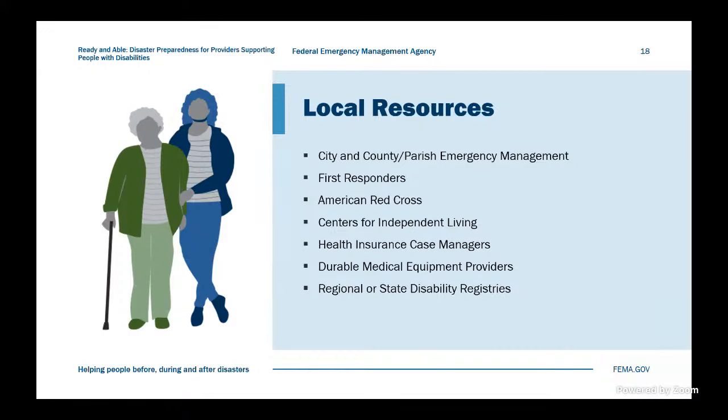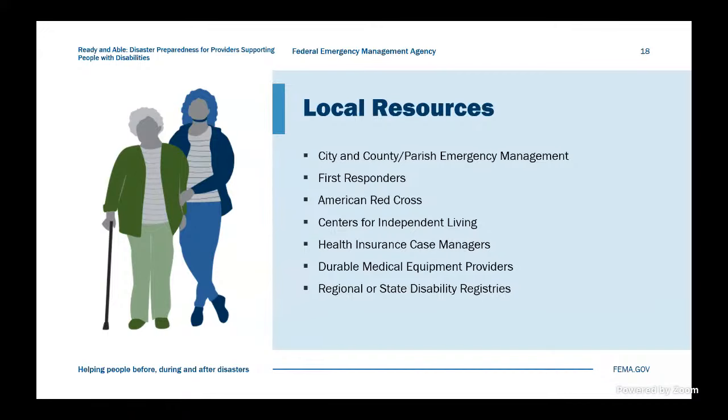So you need to get familiar with the local resources available for you and your care recipient because, like I said, they're the front line of the people that will help you in any type of disaster, emergency, small, medium size, large, both individual and as an agency. And so they're, I think, more available than people think. And usually they really want to talk to you because it also helps them be prepared.